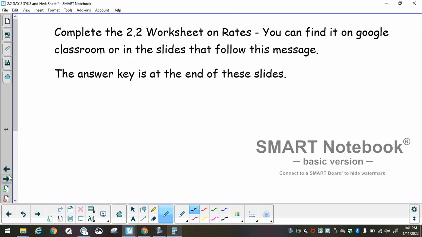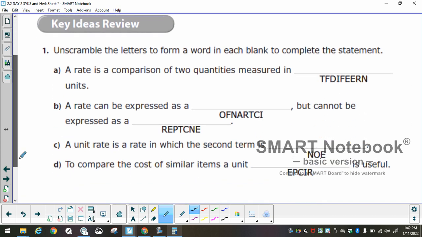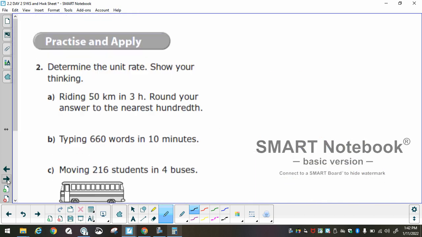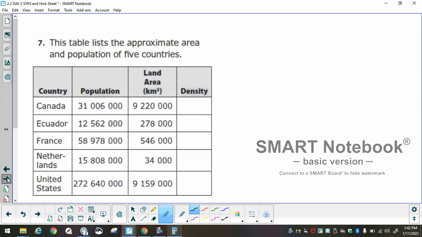Okay, so today your task is to complete the 2.2 worksheet on rates. I put a PDF of this in Google Classroom, so you can print that if you'd like, or it's also on these slides that follow this message, number 1 through, I believe it's 7.